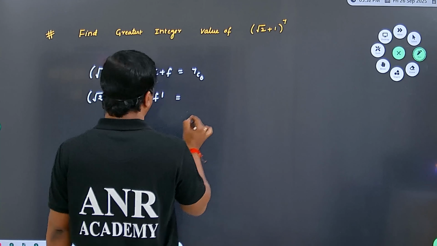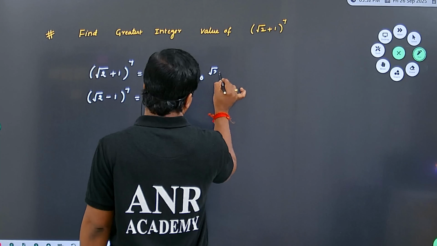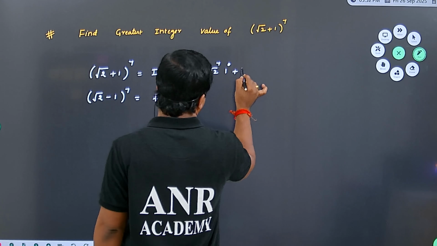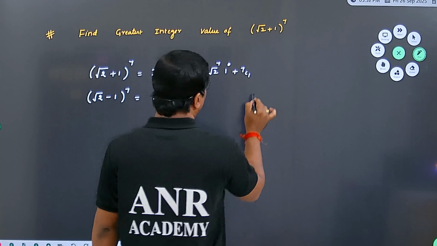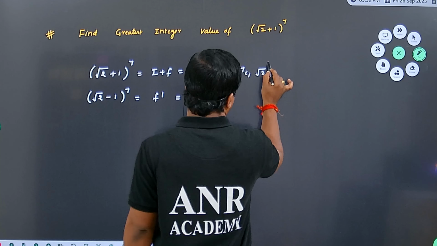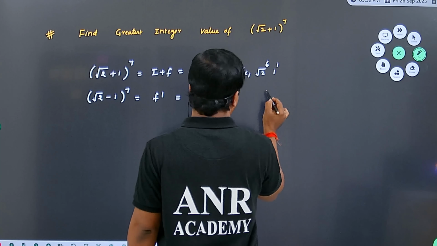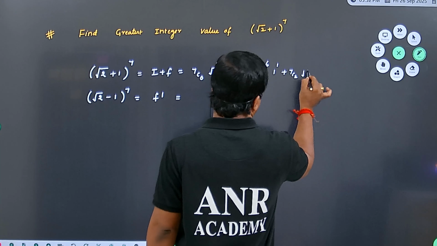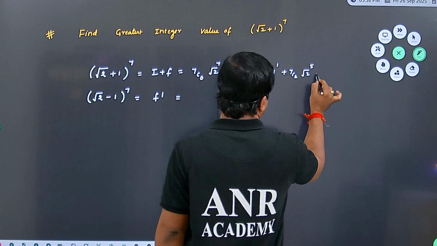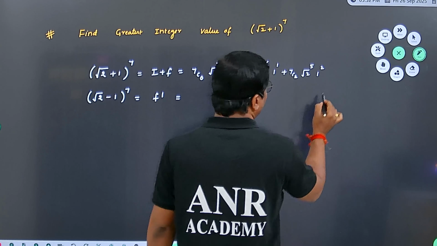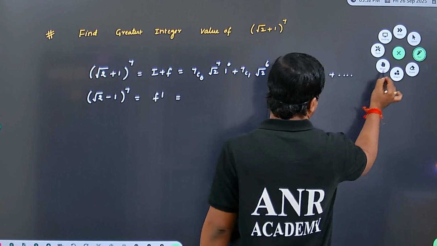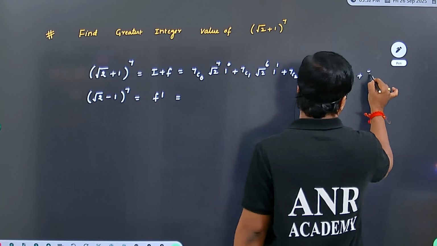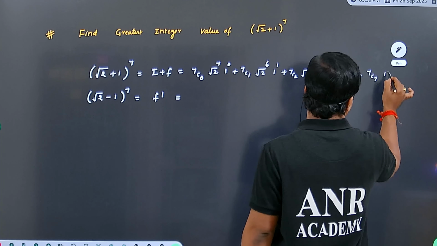7c0 root 2 power 7 1 power 0, next plus 7c1 root 2 whole power 6 1 power 1, plus 7c2 root 2 power 5 1 power 2, plus and so on. I can write the last term 7c7 1 power 7.